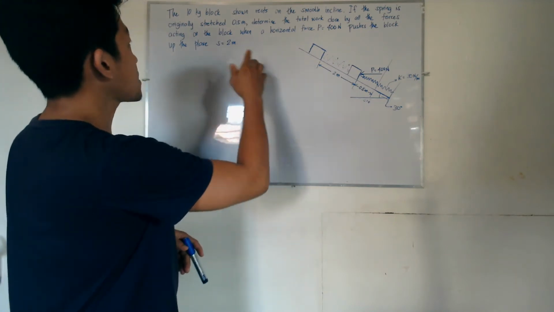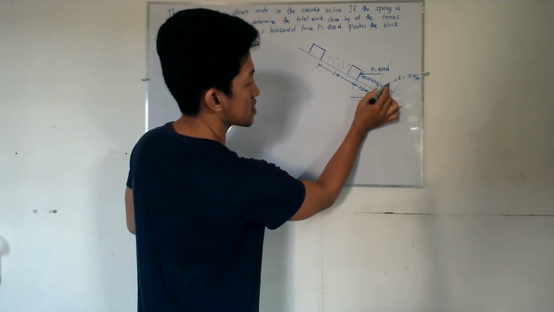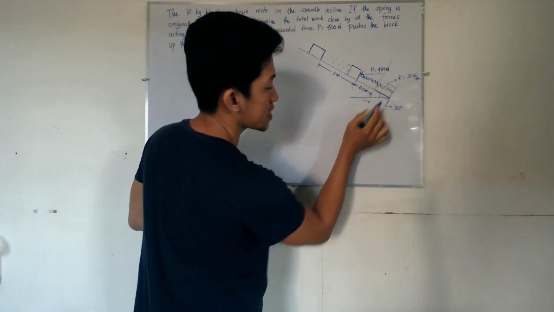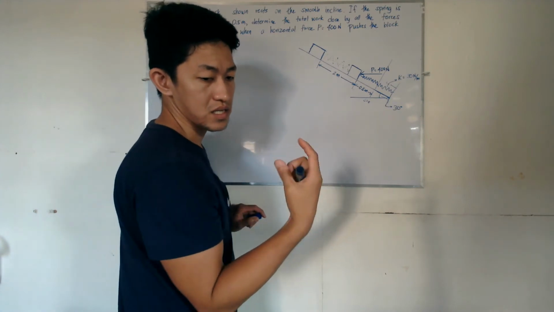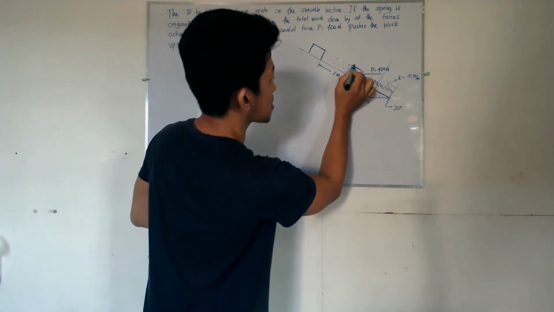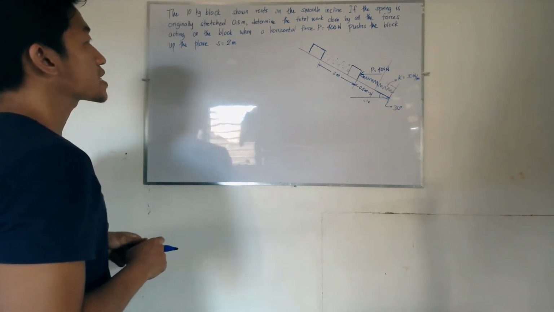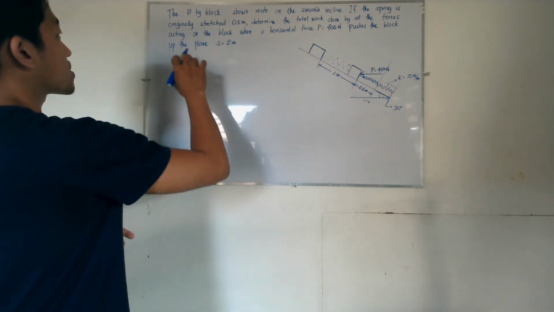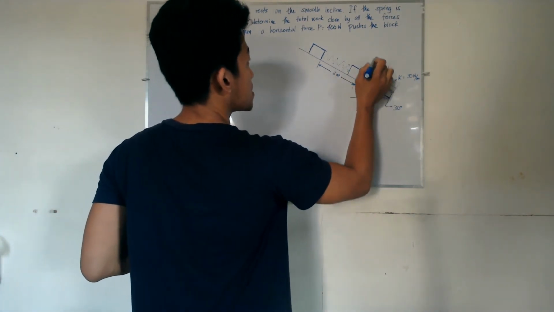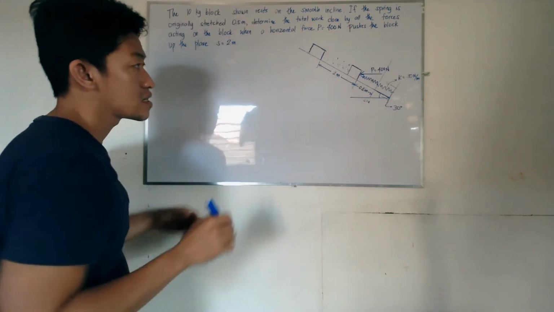If the spring is originally stretched 0.5, actually this is the original length of the spring, and it is already stretched 0.5, so the block is here. Determine the total work done by all the forces acting on the block when a horizontal force P, which is 400 Newton, pushes the block up the plane 2 meters.